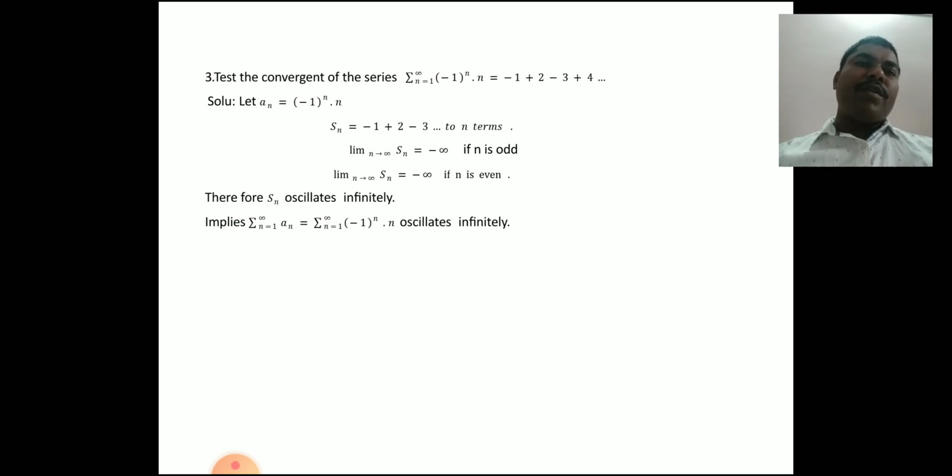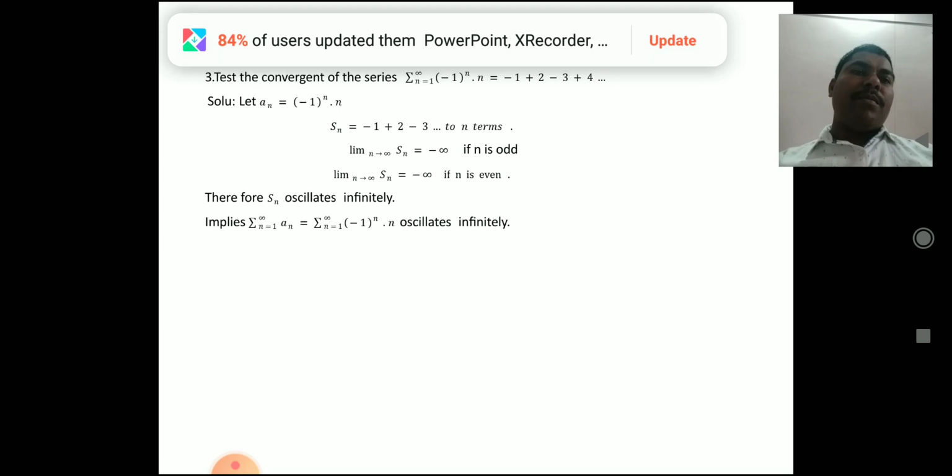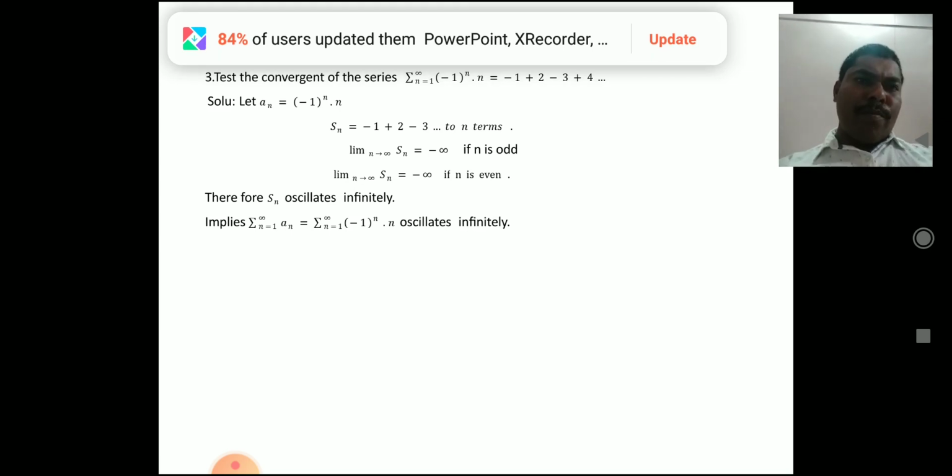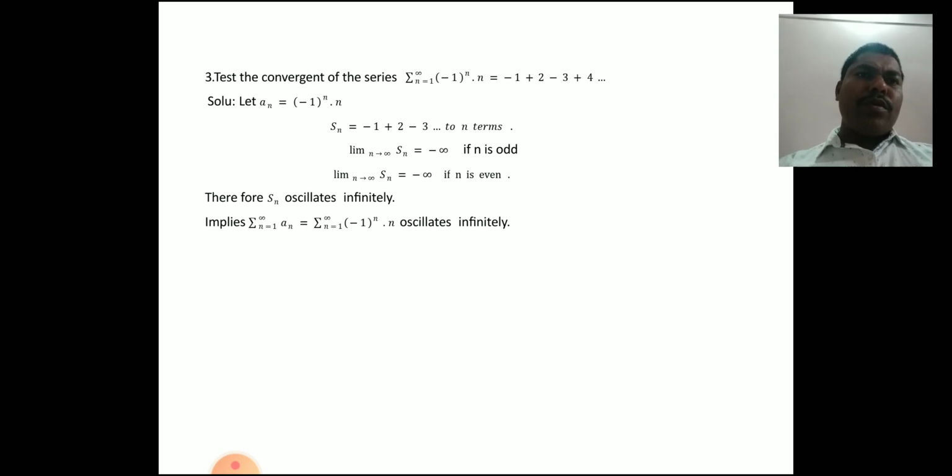So apply the limit. The limit of Sn as n tends to infinity: if n is odd, then the value of minus 1 raised to n into n is minus infinity. If n is even, we get plus infinity.